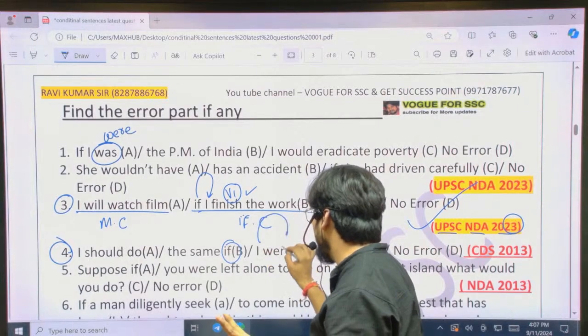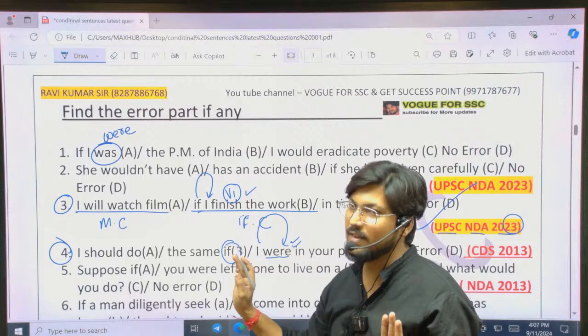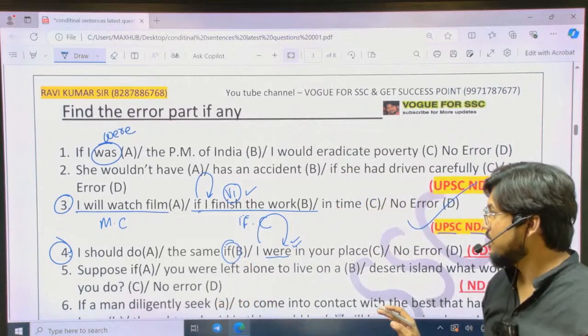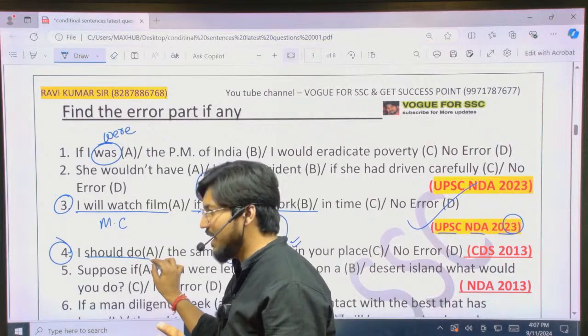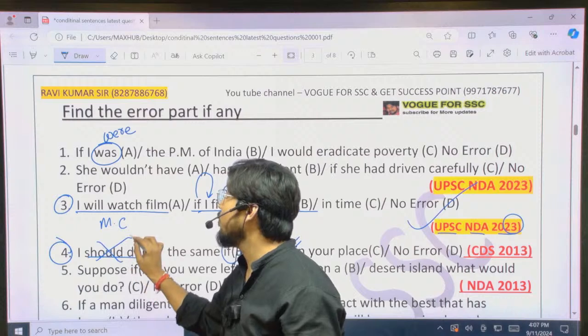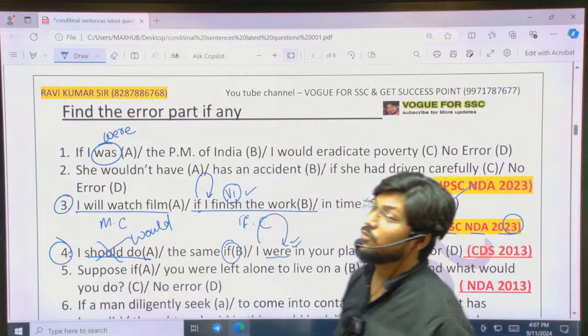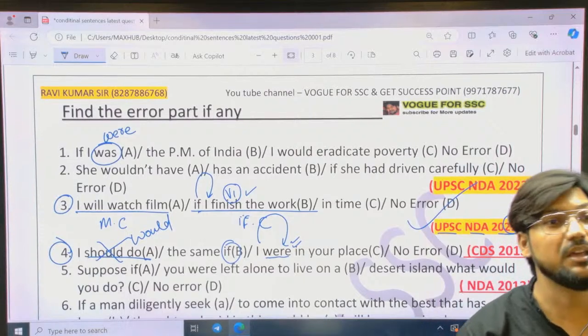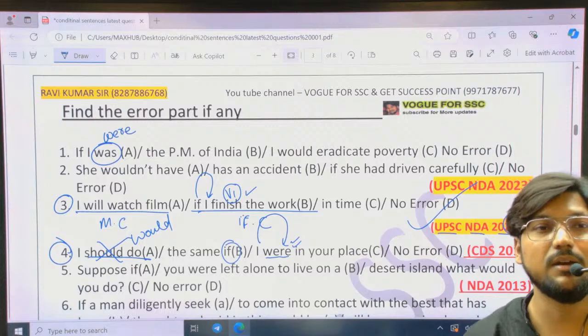I has been used. With I, I need to use were. The sentence is imaginary. But the main clause is here. Did I teach you we need to use should? What to use? Would. Because would plus V1 will be used in the main clause if the sentence is hypothetical or imaginary.